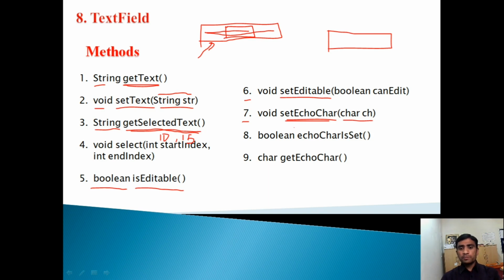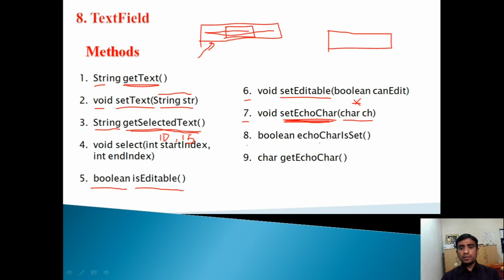For that purpose we require this method, setEchoChar. You can specify a star here, so whenever the user types into this text field, star star star will be accepted. So in this way you can use setEchoChar.